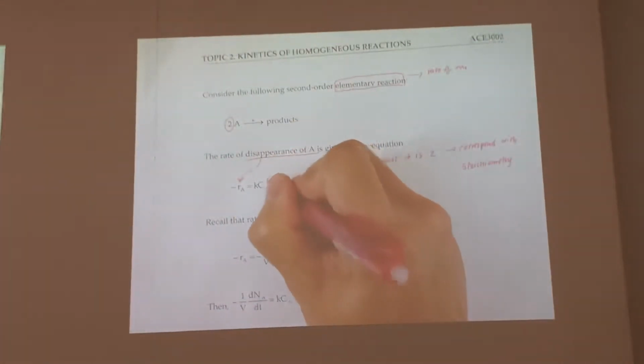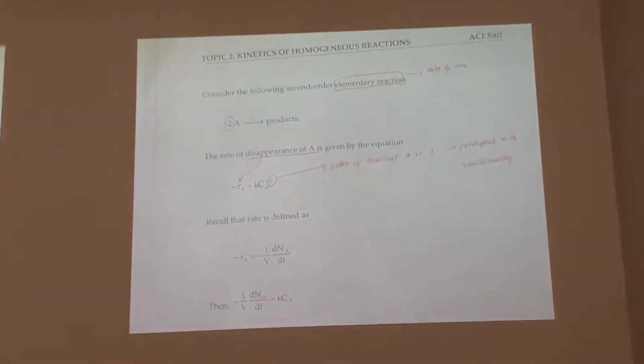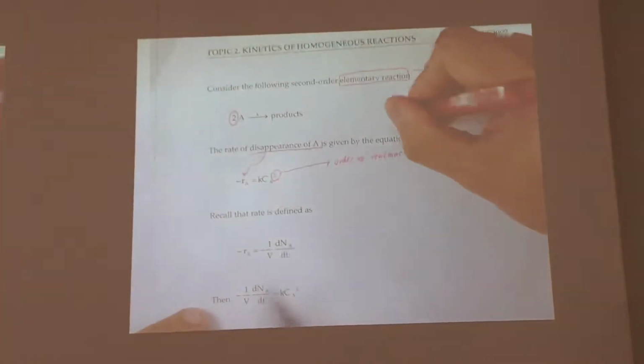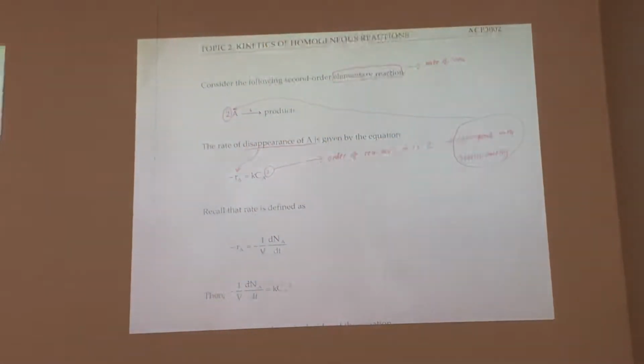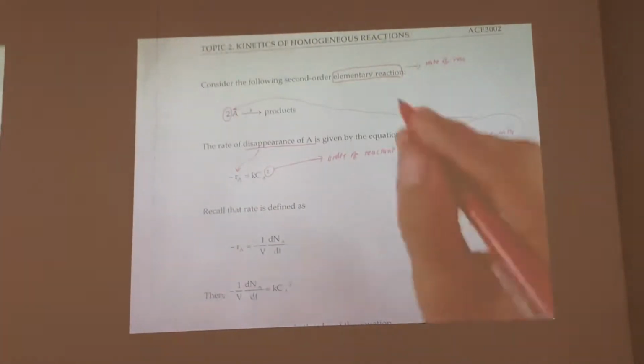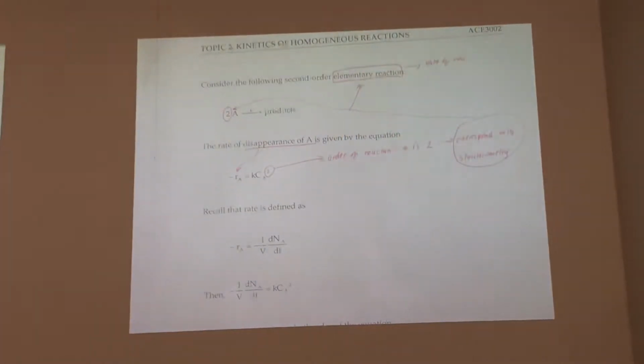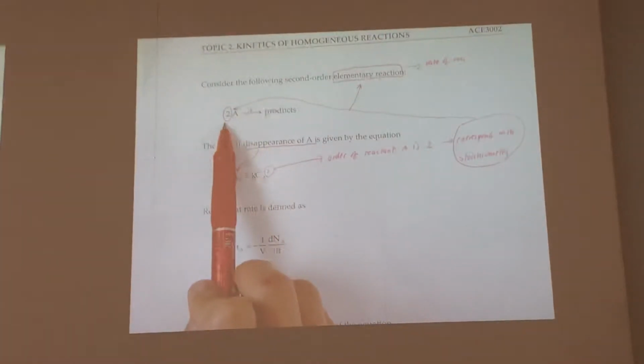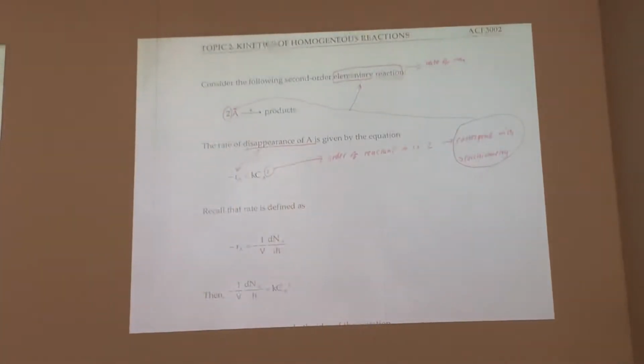The order of reaction is circled here, corresponding to the stoichiometry. Therefore, this is the elementary reaction. You can see that this square is actually the same as the stoichiometry here. Therefore, this is the elementary reaction.